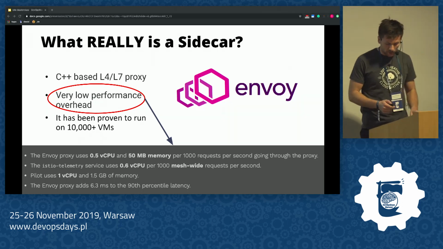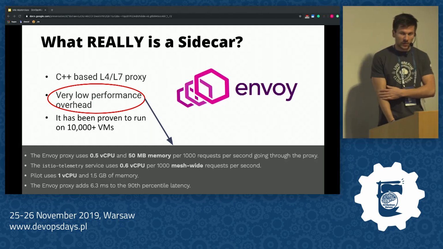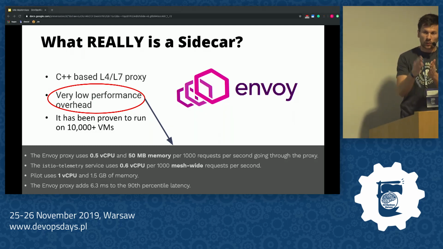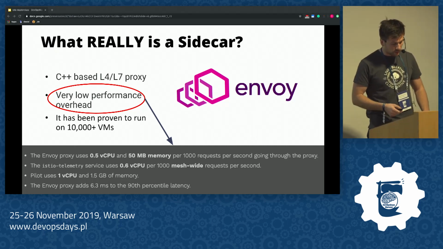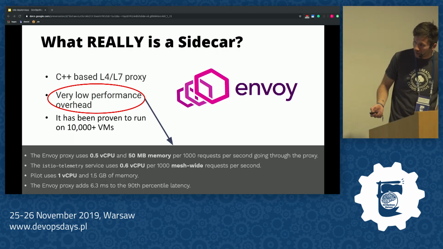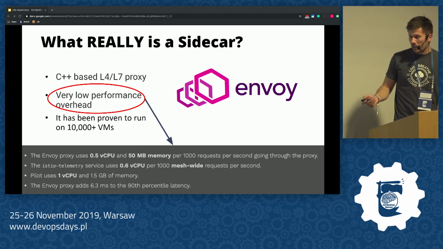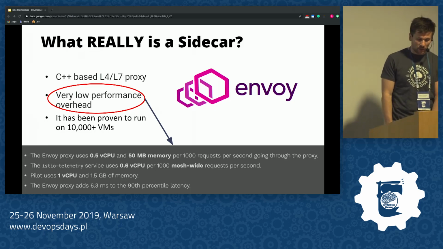So it's not much. And then Envoy, of course, will add a bit of latency to your microservice, since instead of going directly, traffic needs to first go to Envoy, and maybe Envoy needs to do something with it. So it gives you a little bit more latency, but Istio ran tests, and they claim it's around 6 milliseconds for most of the traffic.